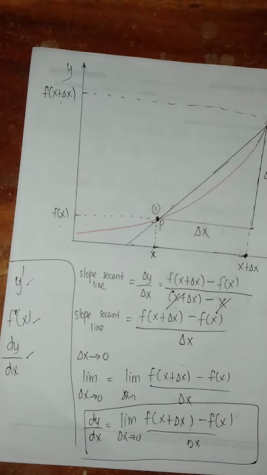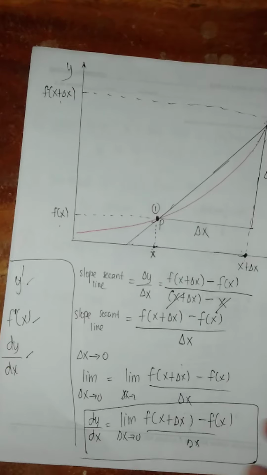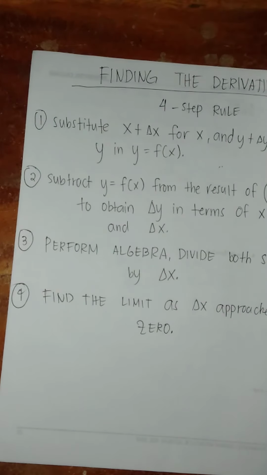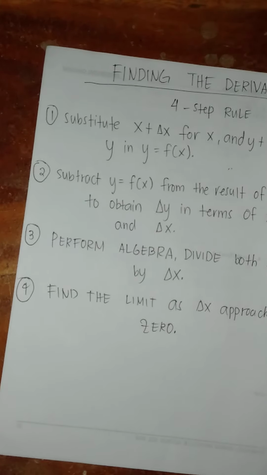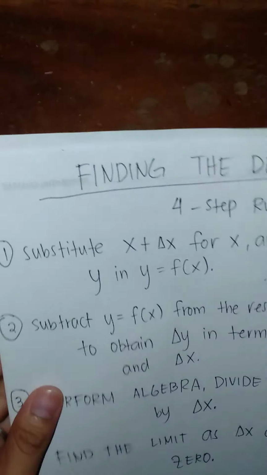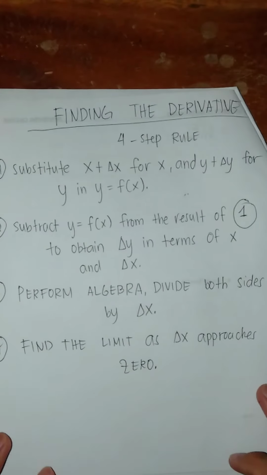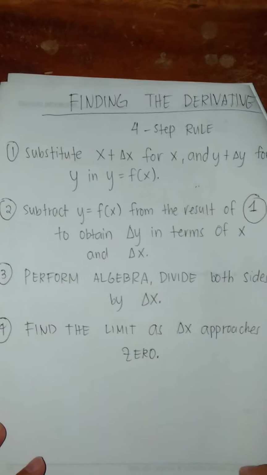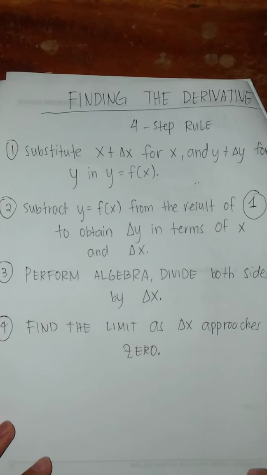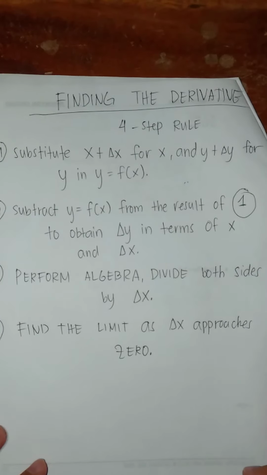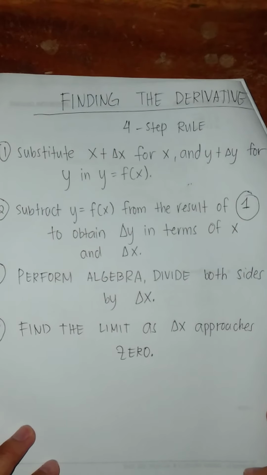Okay? So, how can we get the derivative? What is the long method? This is a long method, by the way. This is how Newton got the derivative during his time. Step 1.